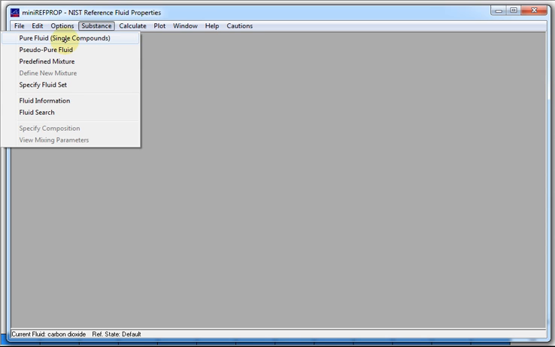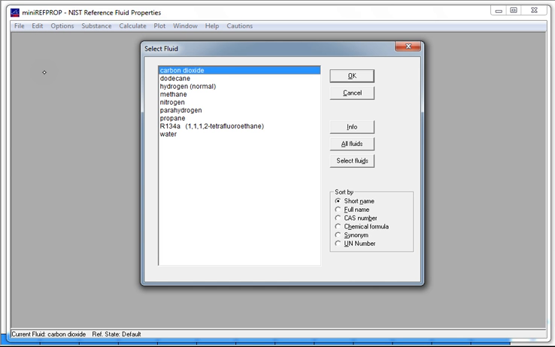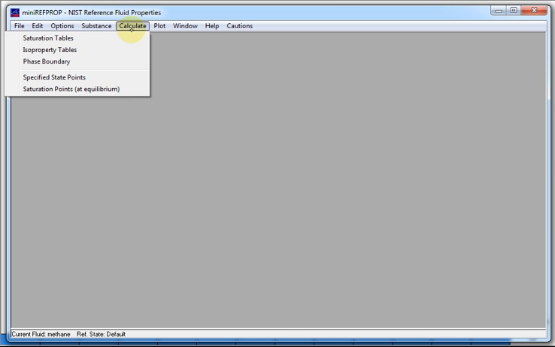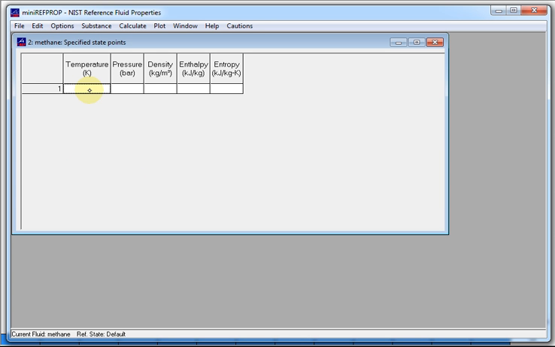Okay. And then the substance. You want a pure substance? This is where you get your choice, carbon dioxide or methane or some other substance of interest, right? So you could click yes. And then you could say, let's calculate at specified state points. So you just have to type in some values. Let's say, I don't know, 300 Kelvin, 20 bar.